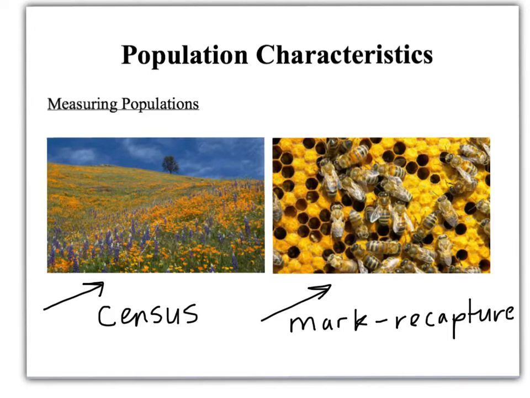It could be a tag, it could be a radio collar. Lots of times with bees, they could just put a little spot of paint on them. They let them loose, and then they do a second capture of bees, and depending on how many bees they recapture from their original marked sample, that will give them an idea of how many bees are in the whole population. There's a whole equation that goes with this that we're not going to get into, but I do want you to know that there are different ways to actually measure populations.